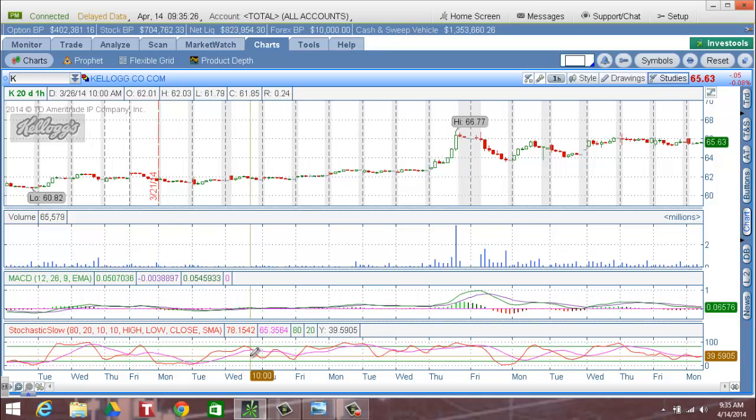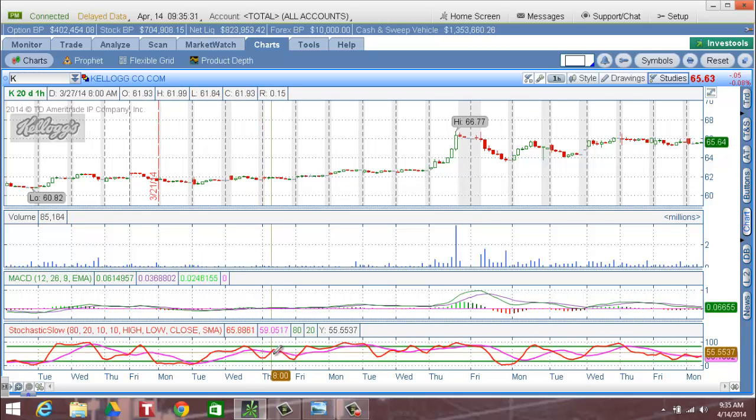If you're actually going to sell or buy the stock, then it's going to be in the complete reverse. Of course, you want to sell when the stochastics is high and buy when the stochastics is low. But when you're selling a put, you want to make sure that you sell a put when the stochastics is roughly about the 20 mark. Okay, so that's how you add the MACD and the stochastics.